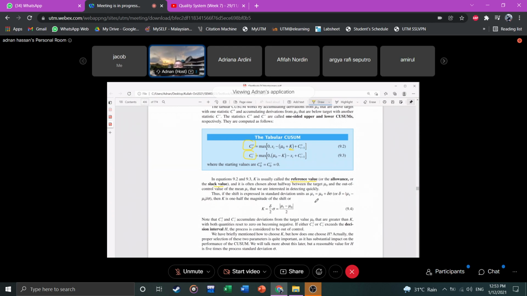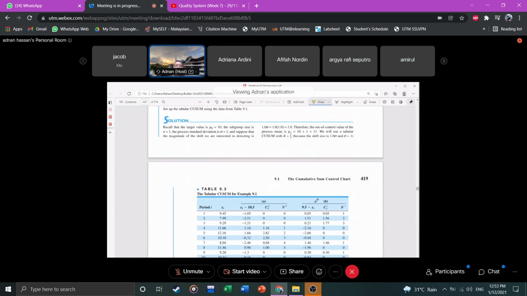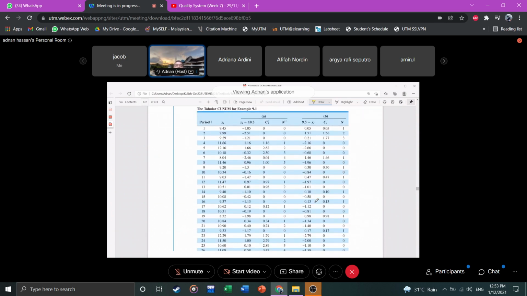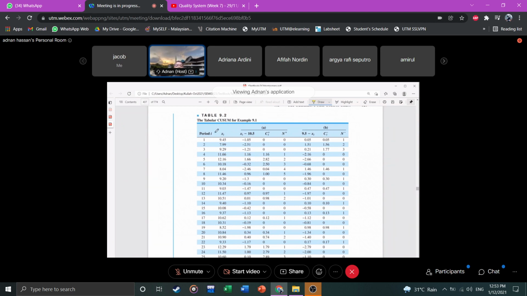Here is the same example that you have seen earlier, with the period and xi, which we have done earlier. The difference now is we have C plus and C minus, which come from this formula.